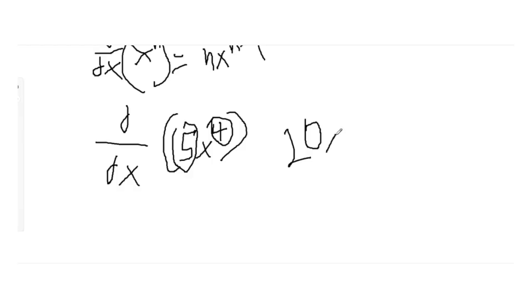And then x to the power of n minus 1. In our case, n is 4. So 4 minus 1 is 3. So the derivative of 5x to the power of 4 is 20x to the power of 3. So let me give you 2 more practice problems and try those on your own.